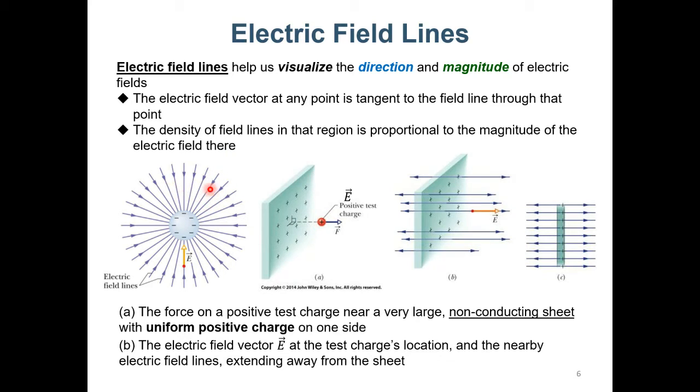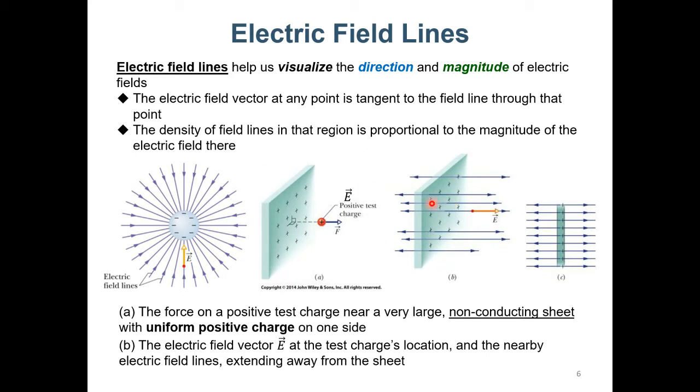So you can see this charge is a negative charge, so all the E field lines point to this charge, and of course the E field points to this charge at any point in the space. And this one is a parallel, an infinite plate.